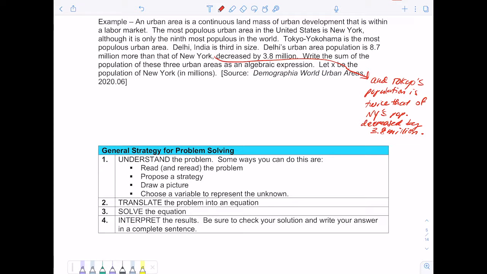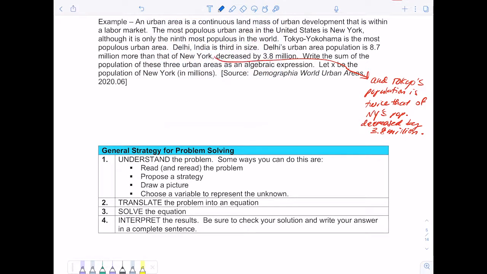Delhi's urban area population is 8.7 million more than that of New York, and Tokyo's population is twice that of New York's population, decreased by 3.8 million. Write the sum of the population of these 3 urban areas as an algebraic expression. Let X be the population of New York in millions.